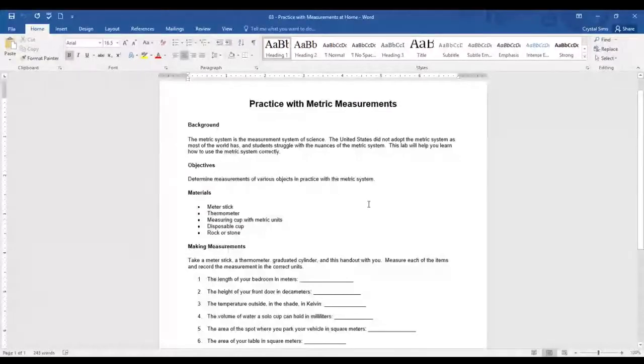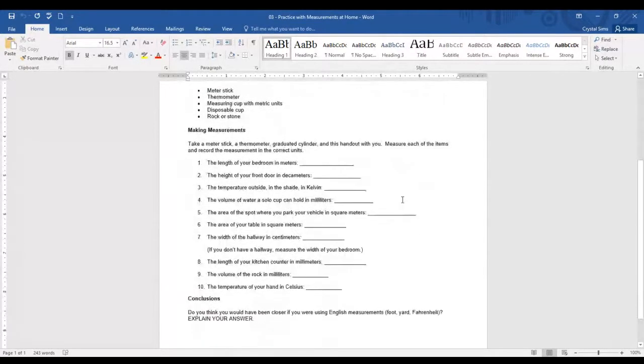So here's your practice with metric measurements, and this is why you need the meter stick and thermometer and things on there. So these are the things that you're going to do. Basically just practice taking measurements.